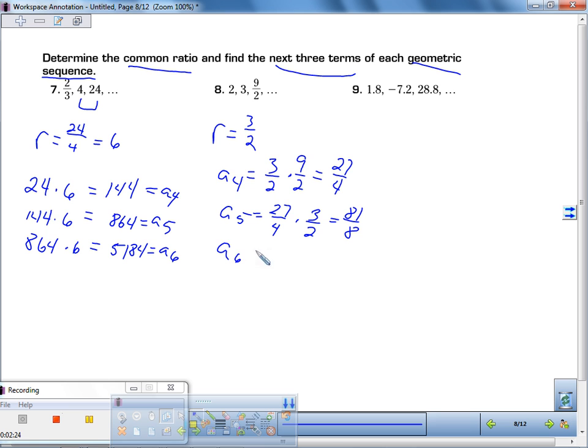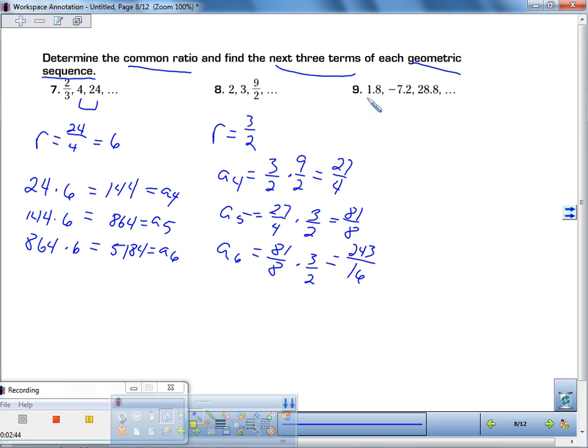Then a sub 6, take the 81 over 8, multiply it times 3 halves. Again, this is our common ratio, the 3 halves. For that one, we end up with 243 over 16. So that's the next terms in the sequence.